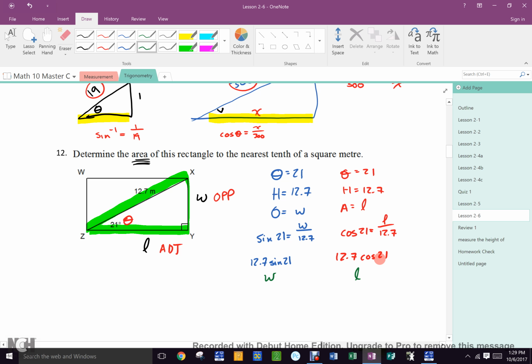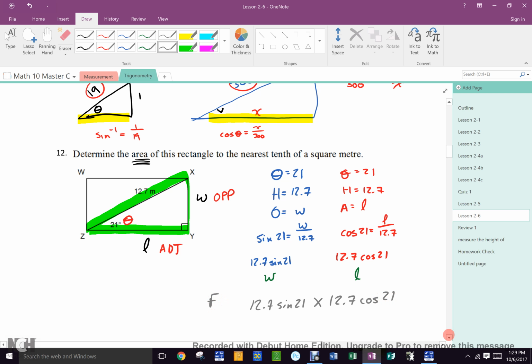It's longer with your calculator now, but it's less back and forth. Because what happens every time you got to go back and forth? You might put a decimal in the wrong spot. You might round poorly. You understand what I'm saying? So if I were to choose to, I could now go on my calculator, if I had a forward calculator, 12.7 sine 21 times 12.7 cos 21.